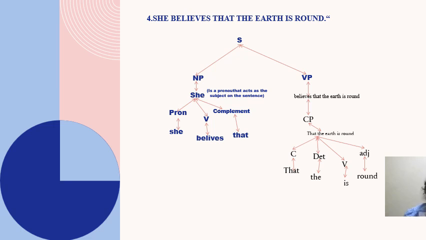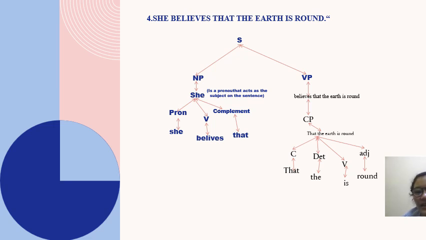So we divide again. The word she is a pronoun, the word believes is a verb, and the word that is a complement.